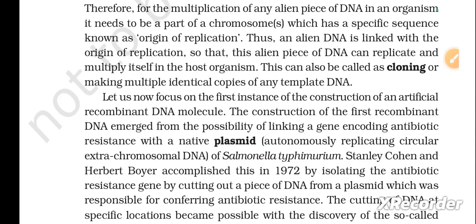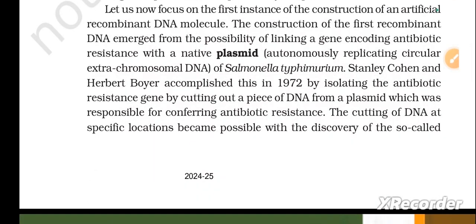Stanley Cohen and Herbert Boyer accomplished this in 1972 by isolating the antibiotic resistance gene by cutting out a piece of DNA from a plasmid which was responsible for conferring antibiotic resistance.